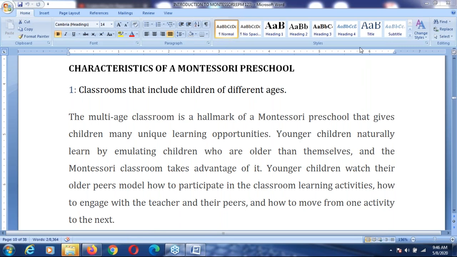That is, to settle down on their own and carry out their class activities on their own. Also, in the area of being responsible, they can help the younger ones in the class with all the struggles.